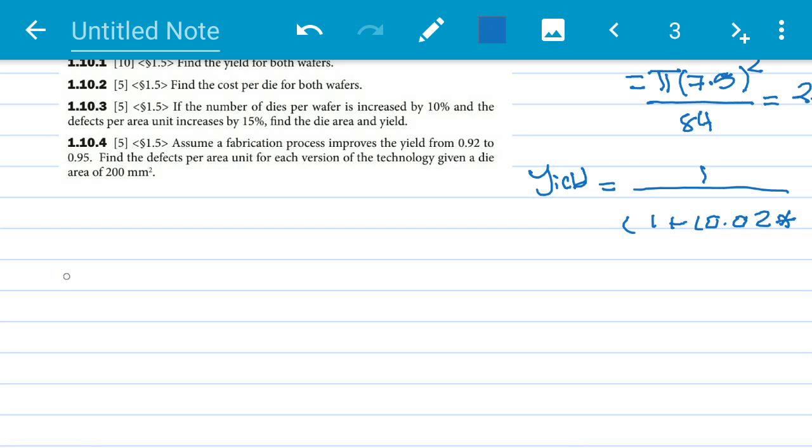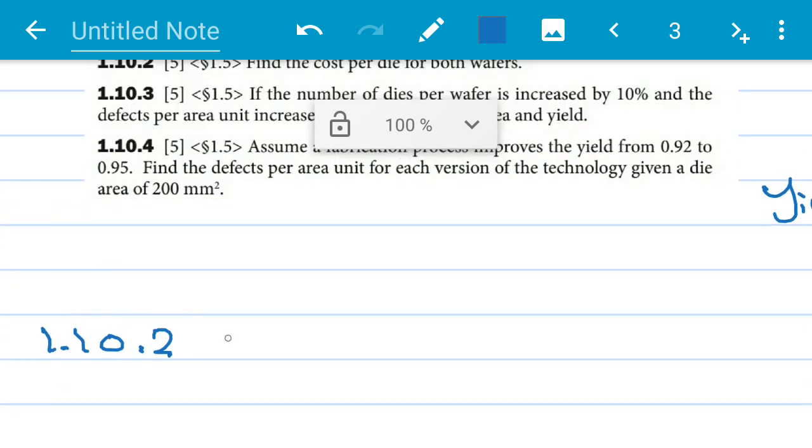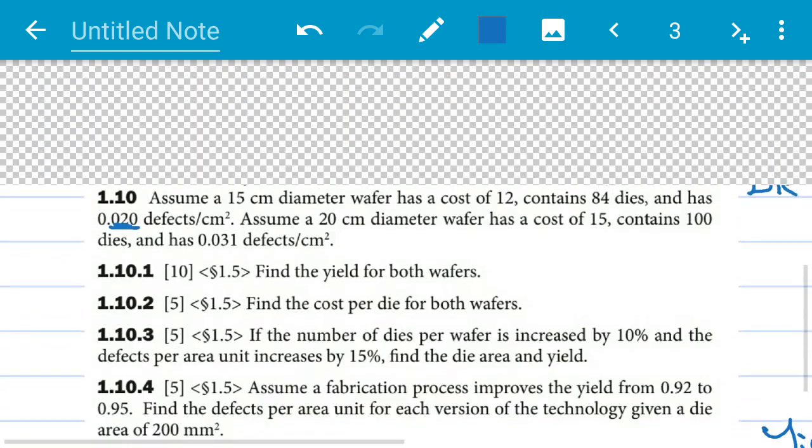The next one, he needs the cost per die for both wafers. So how could we get the cost per die?